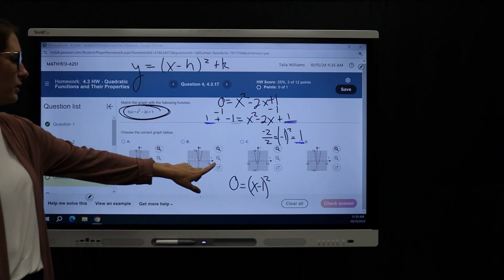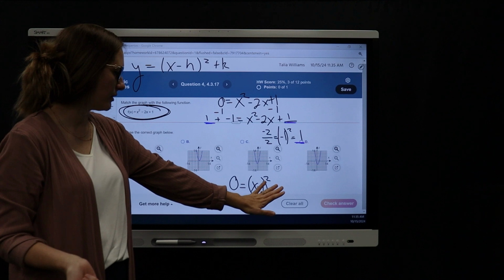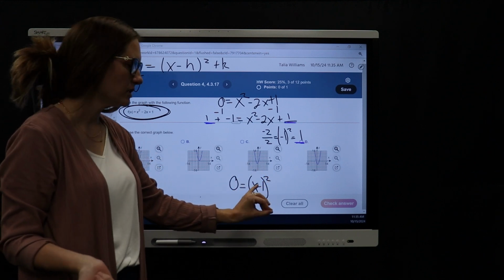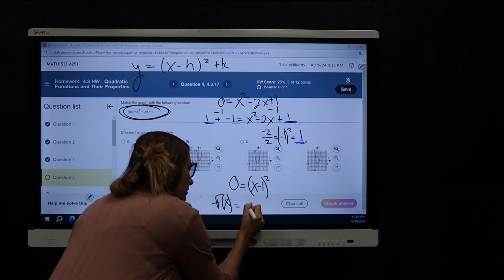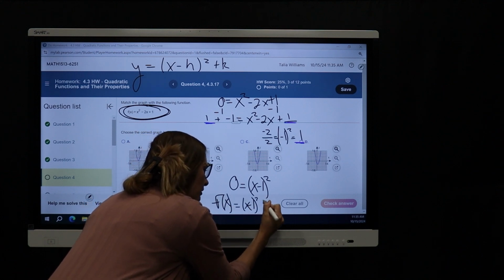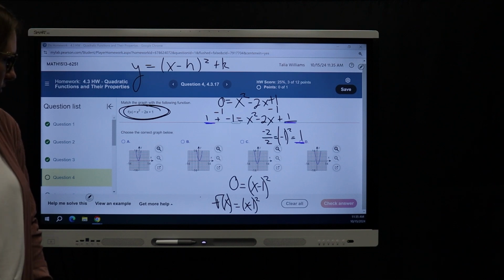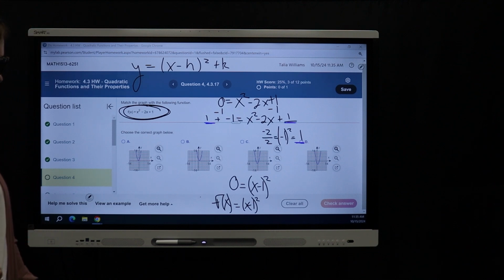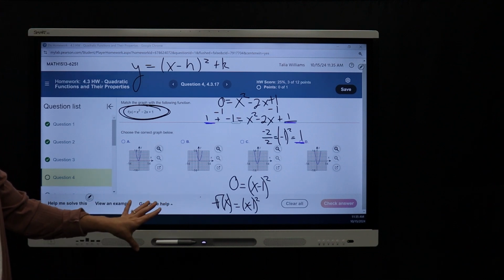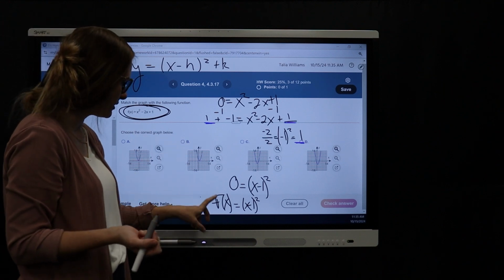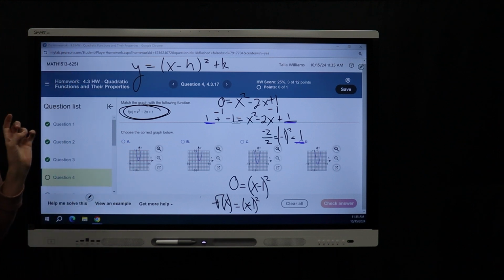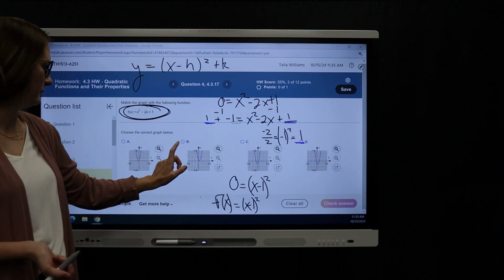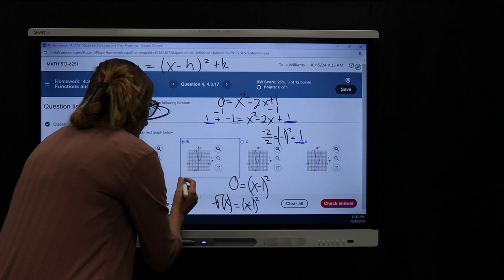Then we move, if there was a number still here, we'd move this number to the other side, since it's just 0, we don't have to, and we reset it as our function. Oof, that's ugly. Like how I wrote it, it's ugly, it's actually really pretty for our purposes. So this one, since it's subtract 1, this is just the graph of x squared to the right one. Right here.